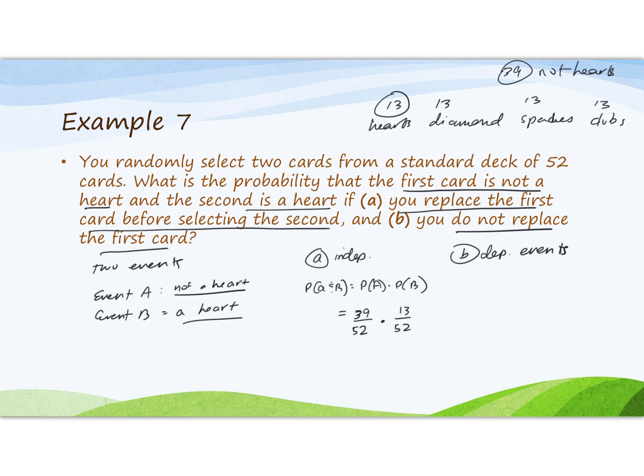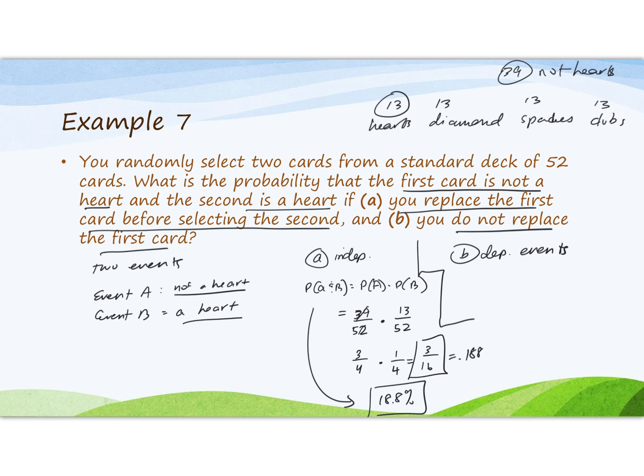Now, 39 out of 52 simplifies to 3/4, and 13 out of 52 simplifies to 1/4. And so 3 out of 16 is the probability of getting not a heart and then getting a heart. And 3 out of 16 is equal to 0.188, or 18.8%.